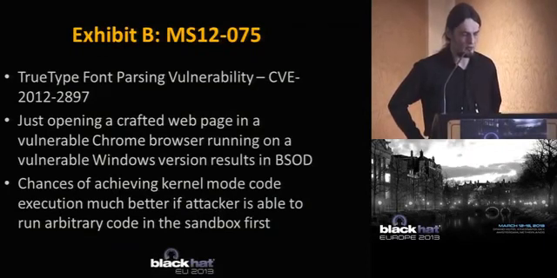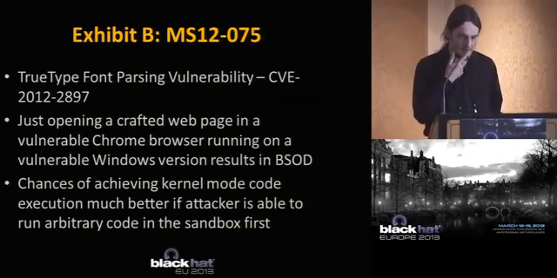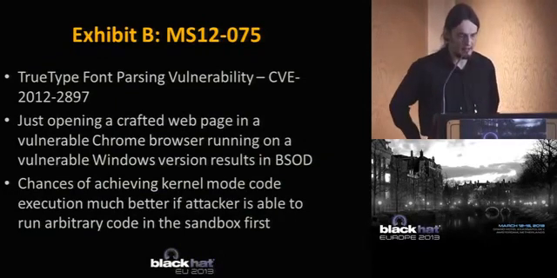First of all, we will not start with compromising the slave. This exploit does not require compromising the slave at all. It's enough to just open a crafted web page in a vulnerable version of the Chrome browser running on a vulnerable Windows version, and then you get memory corruption in the kernel context. And as we will show in a while, it will result in a blue screen of death.